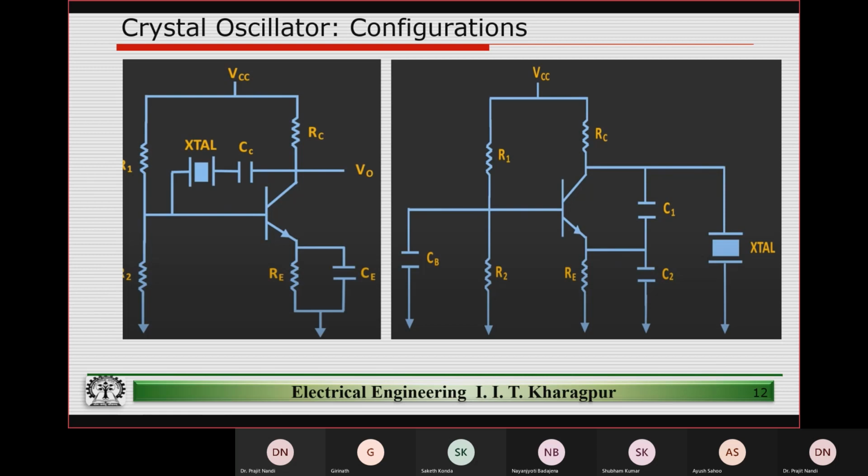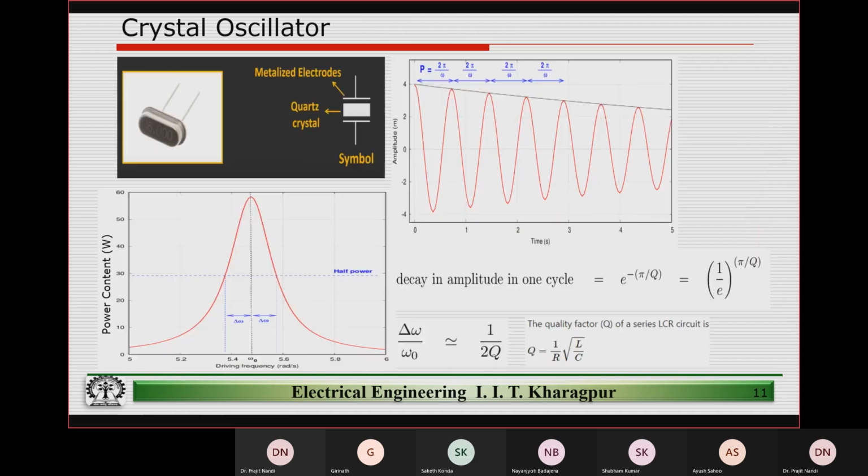Let's focus on this portion of the circuit, the left one. Here we have a crystal oscillator, and the output will resonate based on the series resonant frequency. And the series resonant frequency is dependent on what? The mechanical L_M and C_M of whatever we drew earlier.